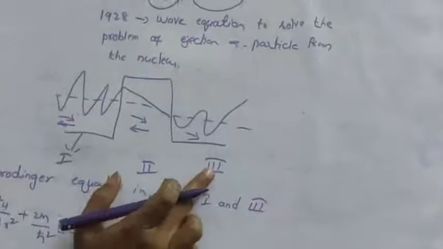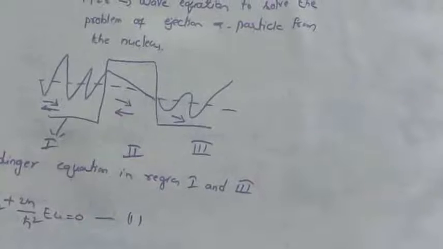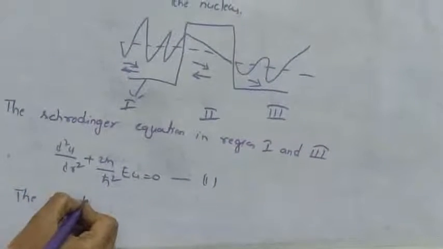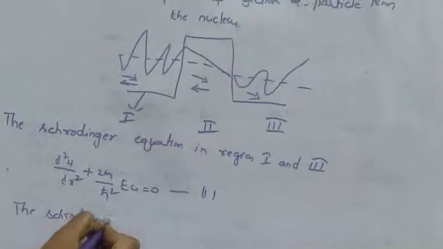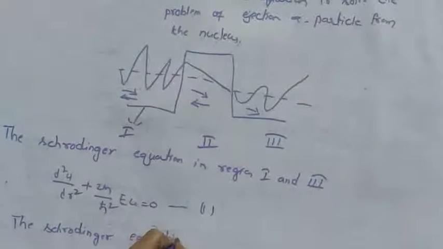Now he has applied the Schrodinger wave equation for region 2. Write down the Schrodinger wave equation in region 2.